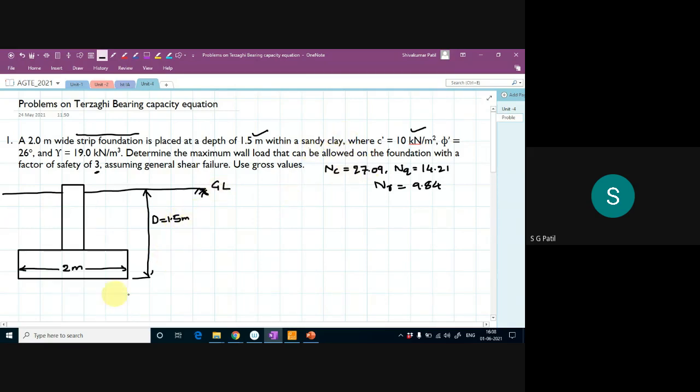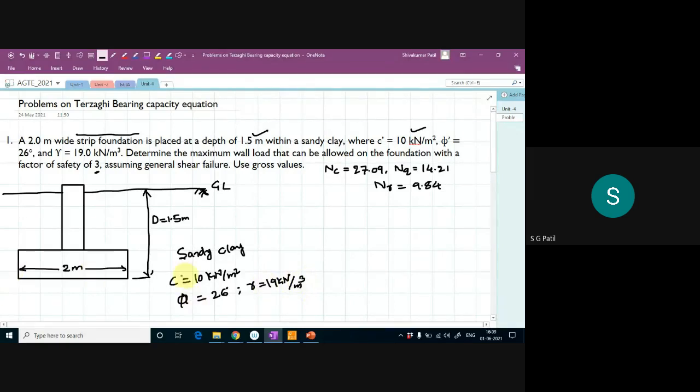It's a sandy clay they told. So the soil is sandy clay. What are the parameters they have given? Cohesion is around 10 kilonewton per meter square, phi value is 26 degrees, and the bulk unit weight gamma is around 19 kilonewton per meter cube.